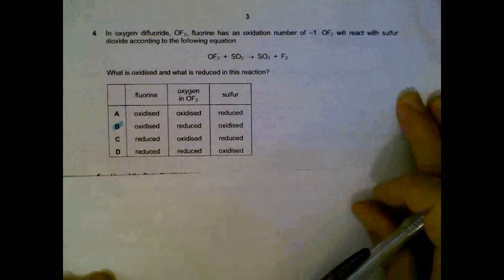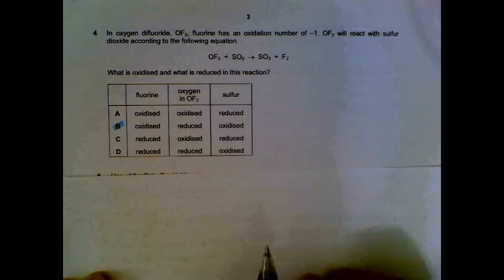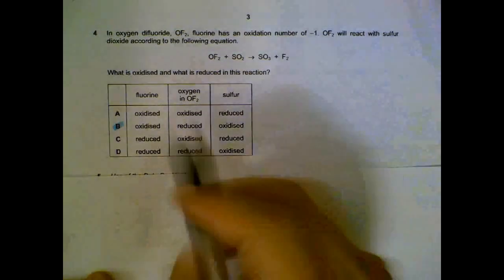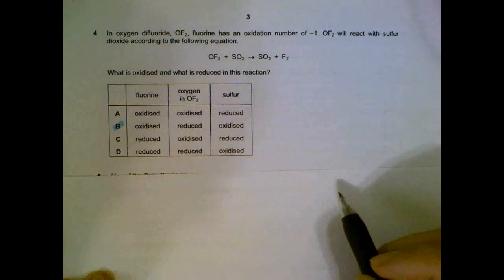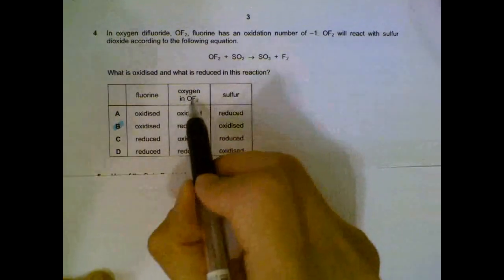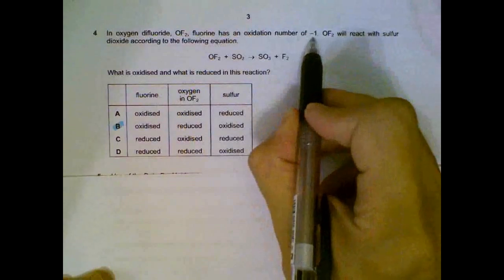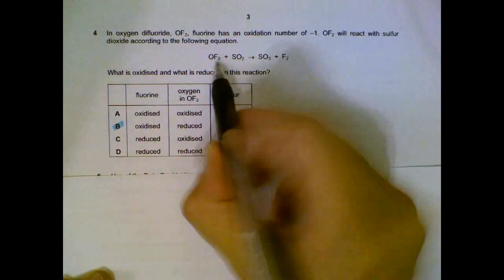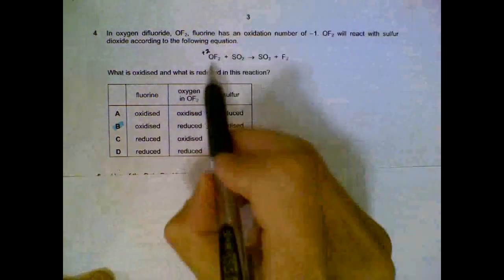Question 4. Which one is oxidized and which one is reduced? So a quick allocation of all the oxidation states of the elements. Oxygen in oxygen difluoride. Since the fluorine has -1 in this compound, it means that the oxygen is +2 here.